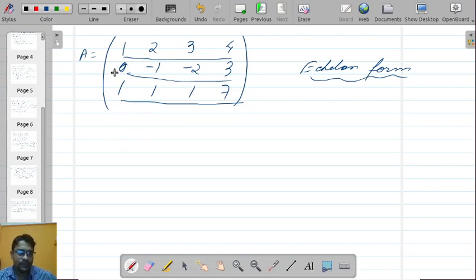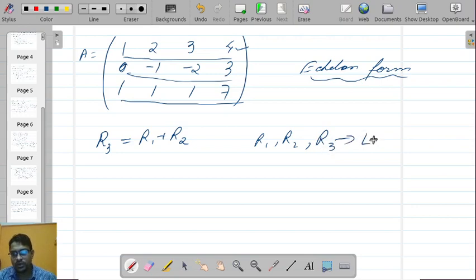Of course we will not require this much here, so I'm not discussing this. One thing you can observe is that the third row is actually the sum of the first two rows. Here R3 is R1 plus R2. Can you say whether R1, R2, R3 are linearly independent or dependent?